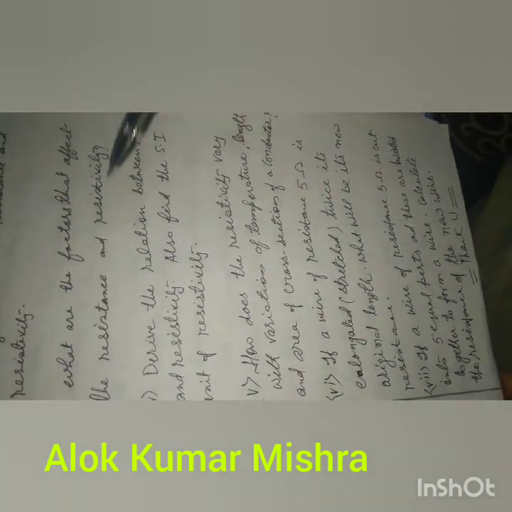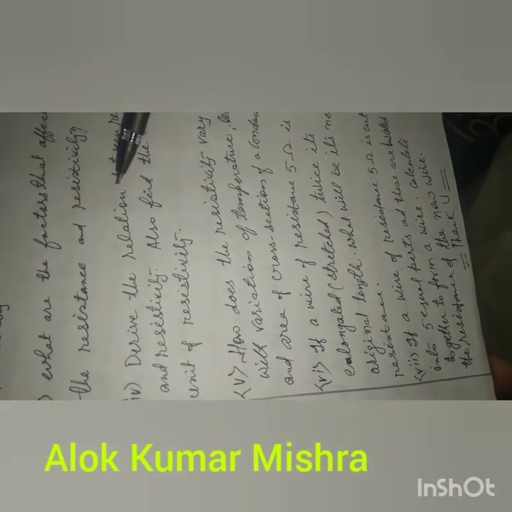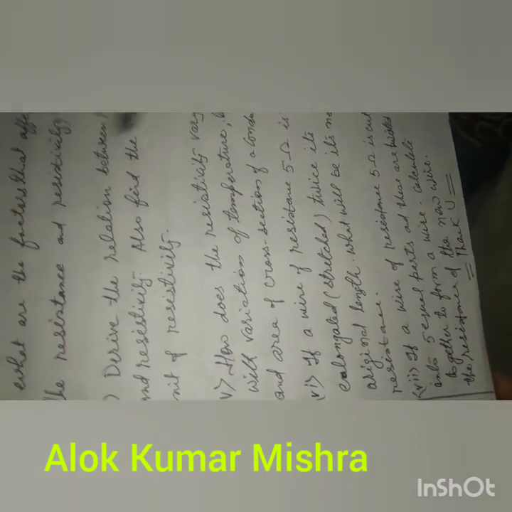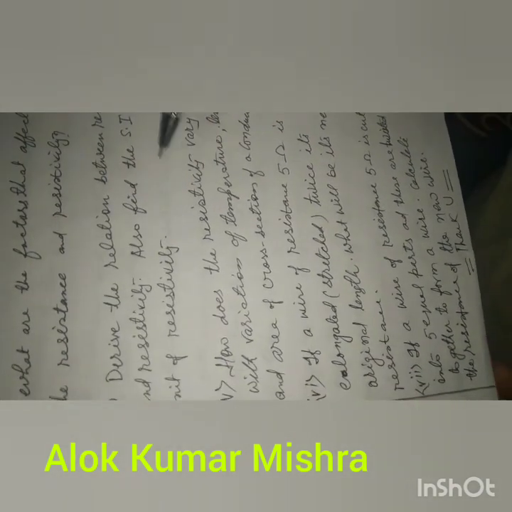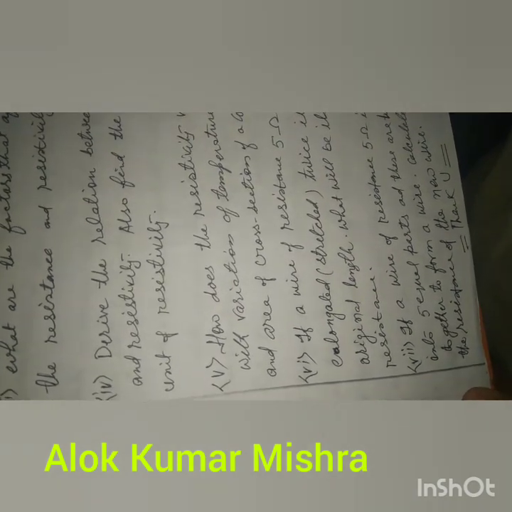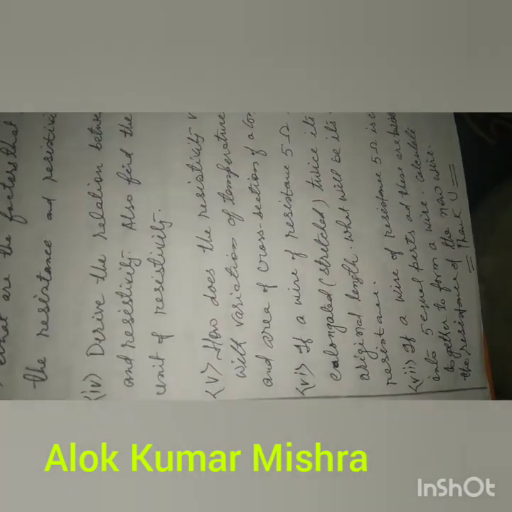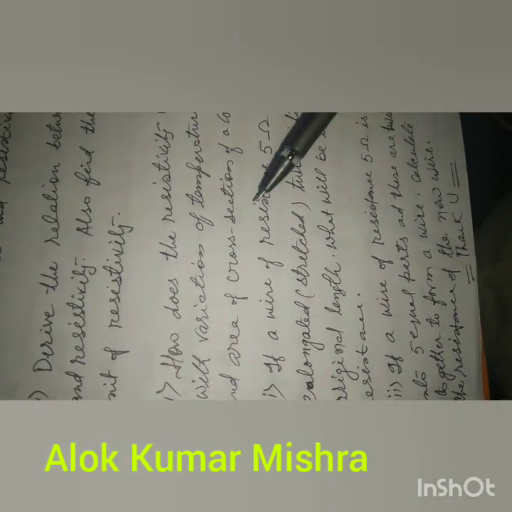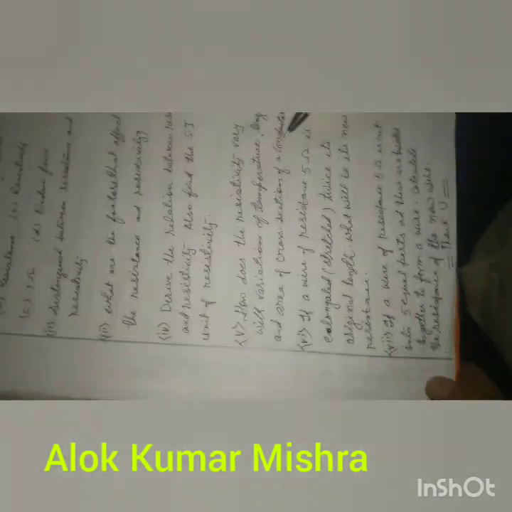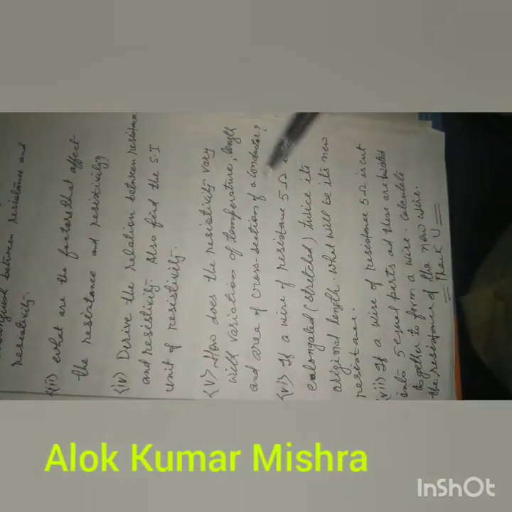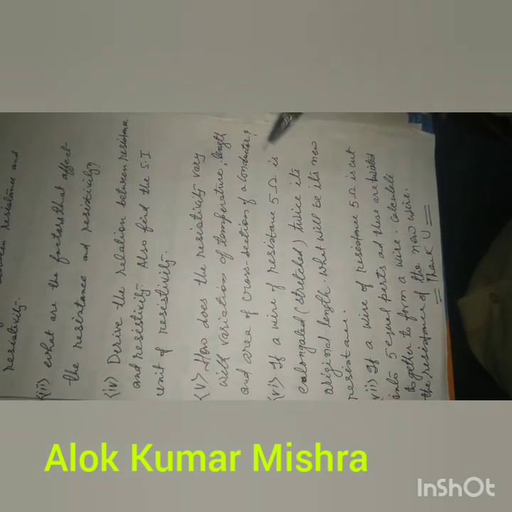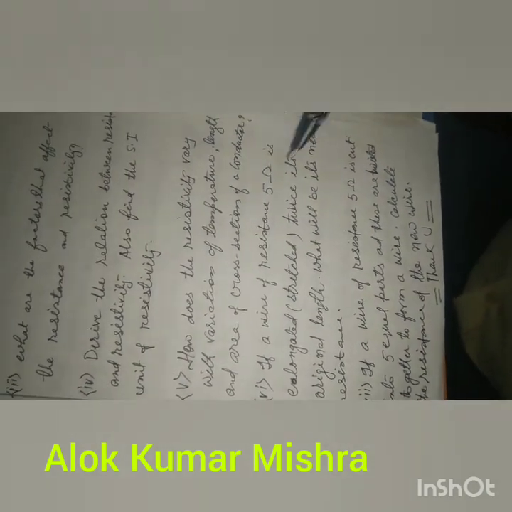Third question: what are the factors that affect resistance and resistivity? I have already discussed. Fourth, derive the relationship between resistance and resistivity and also find the SI unit of that. Fifth, how does resistivity vary with variation of temperature, length and area of cross section? You have to derive.